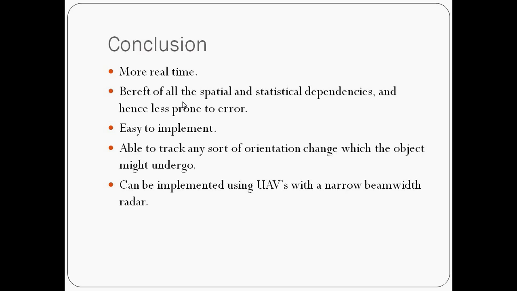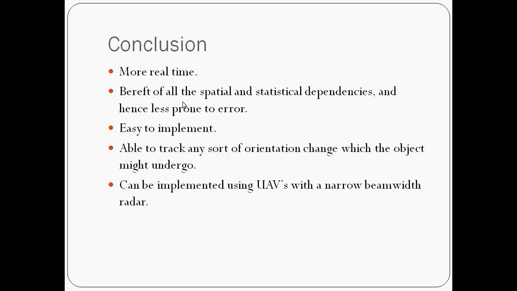You determine the direction of the object very accurately, and then use the correlation properties, instead of using the statistical and spatial properties of the object from the start itself. That can lead to errors because they are not always well defined, or they might have problems such as interfusion or shadowing.